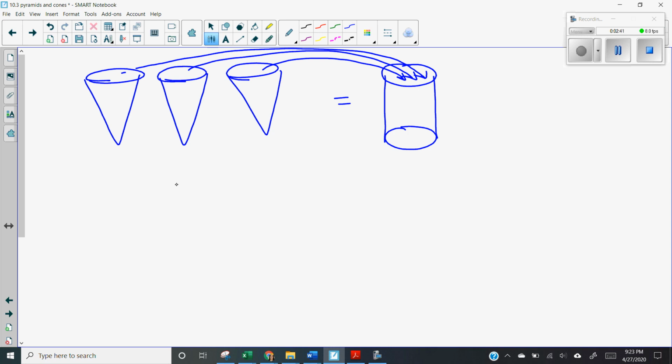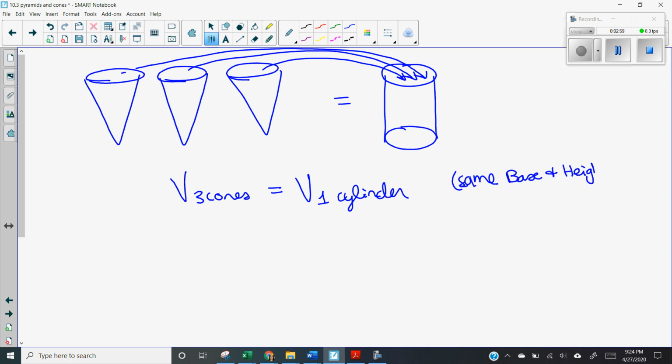Okay, so let's write a couple things down here. We're going to say the volume of 3 cones equals the volume of 1 cylinder. Again, let's make a note here: same base and height. Okay, now what we care about though, I don't want 3 cones every time.